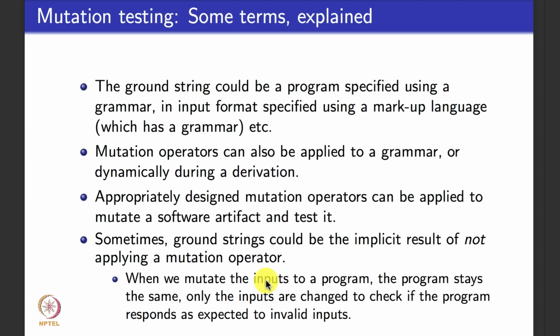For example, when we mutate the inputs to a program, the program remains the same. It is still the ground string, but the mutation operator is applied on the inputs to the program. The program and the resulting mutant are the same, but the mutated input is what is changed, and in this case it can be invalid also.